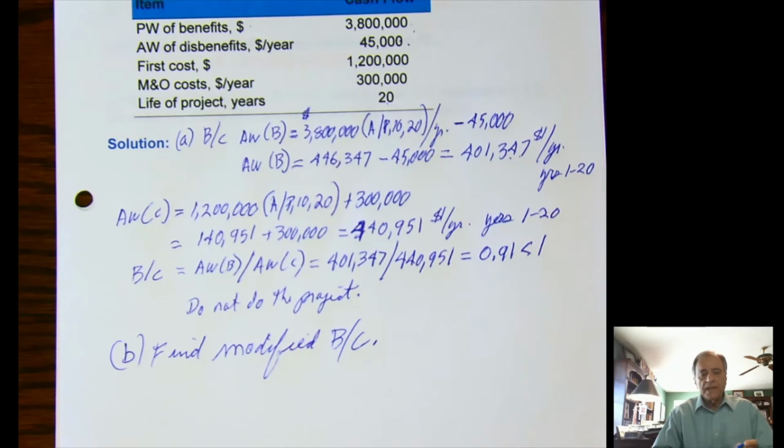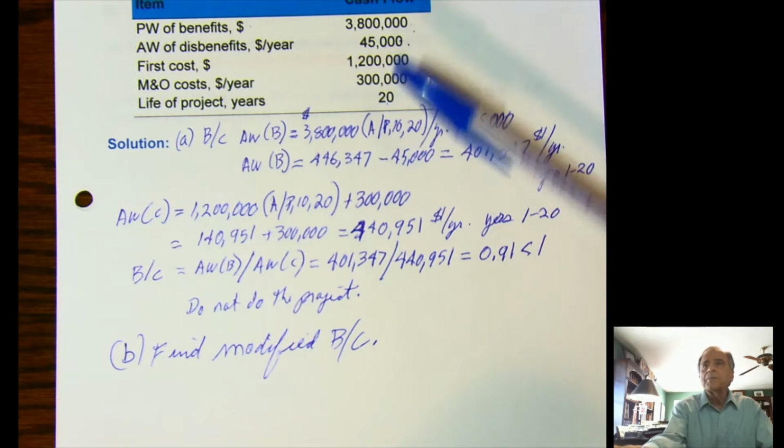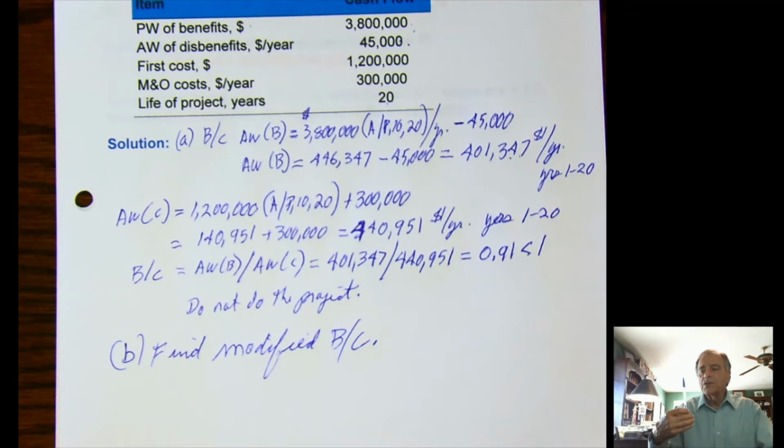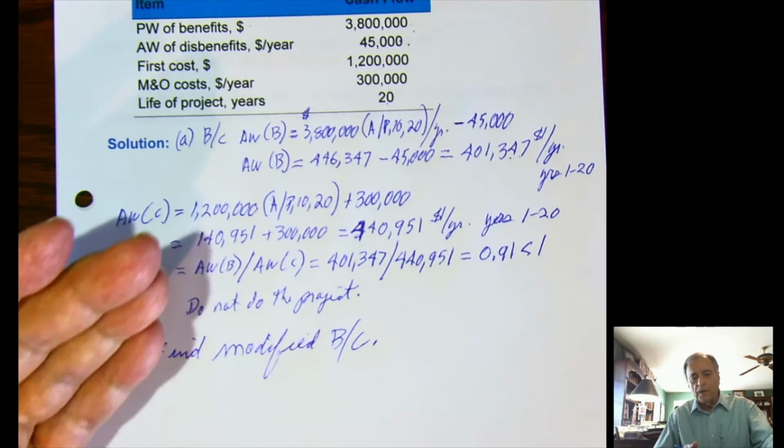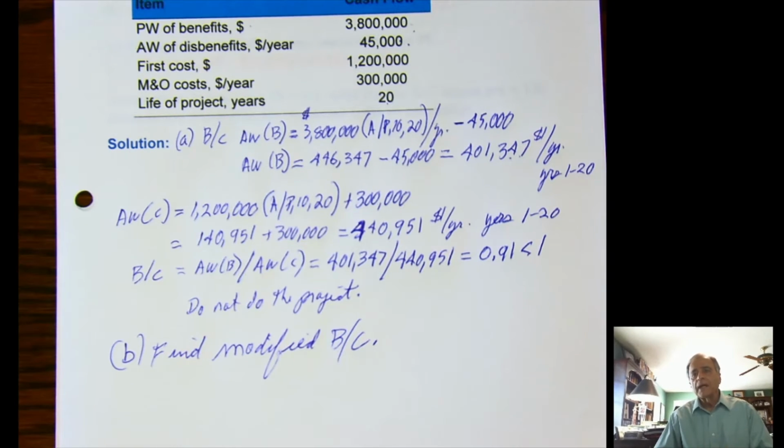So that means that this M&O cost goes up into the numerator, and it's treated similarly to how you would treat a disbenefit. Okay, so it's an M&O cost, but since the modified BC method can only take the first cost in the denominator, in the numerator, we put the M&O cost as a negative.